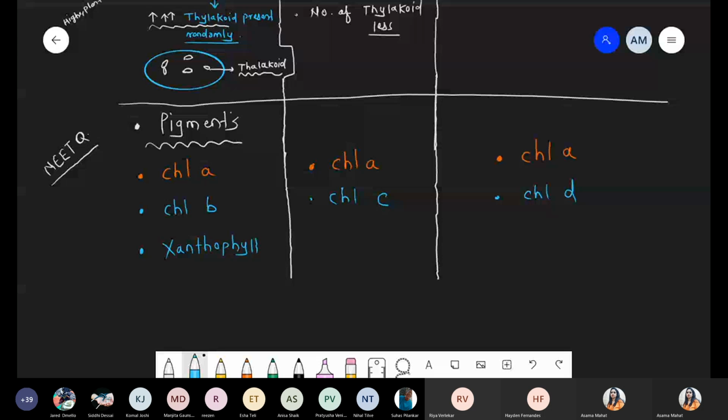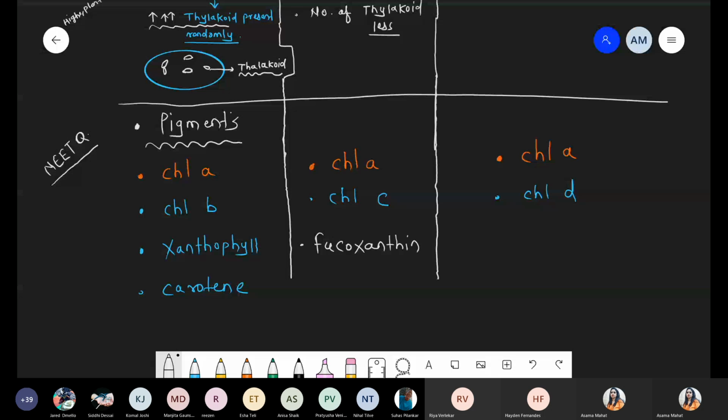Xanthophyll as well as carotene are present. Now with respect to brown algae, a small change happens here. In place of xanthophyll, there is a presence of fucoxanthin. The word fuco comes from Fucus. So it is definitely a xanthin.